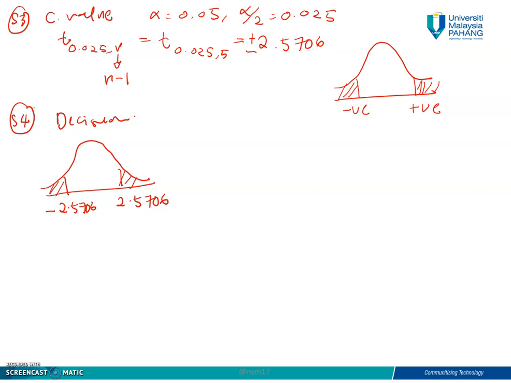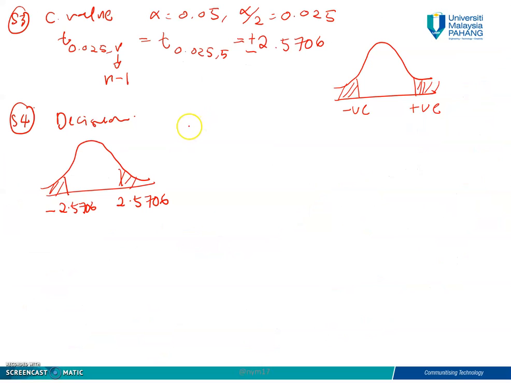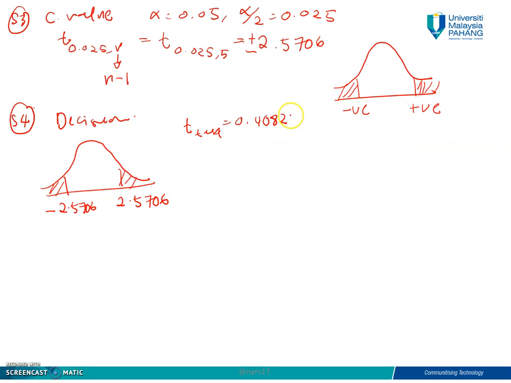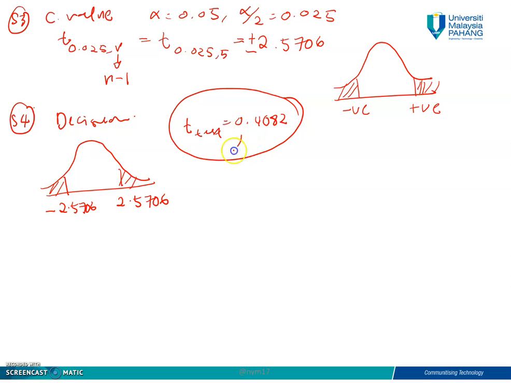Now look at your step 2. What is the value here? 0.4082. Your t-test is 0.4082, isn't it? Let me check. Yeah. So look at this value. Is it at the dark side or at the bright side?